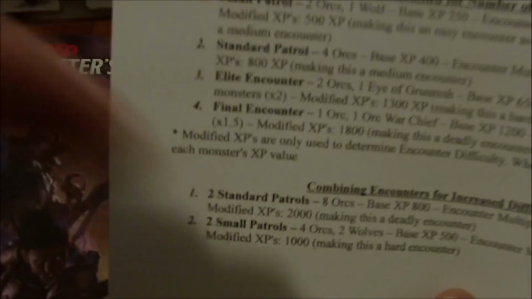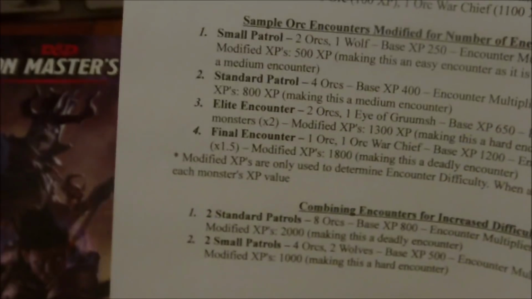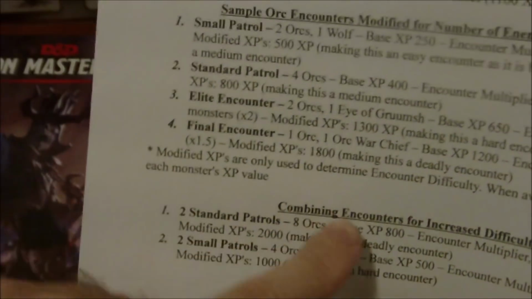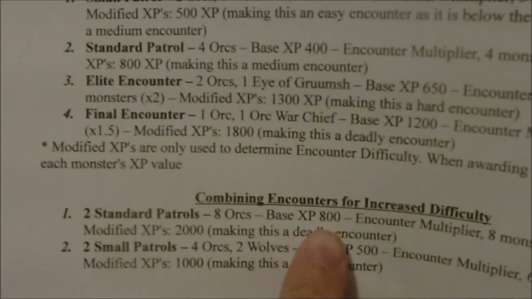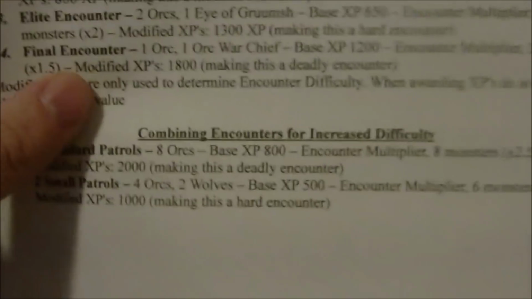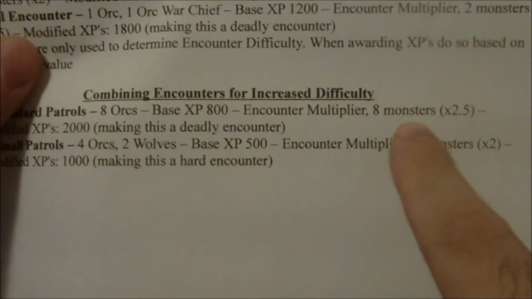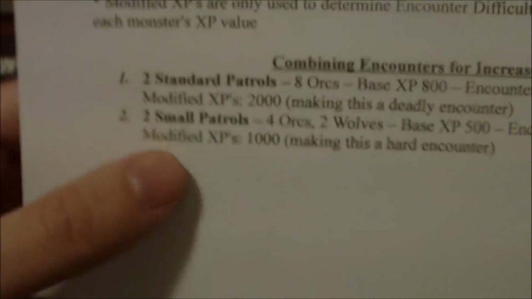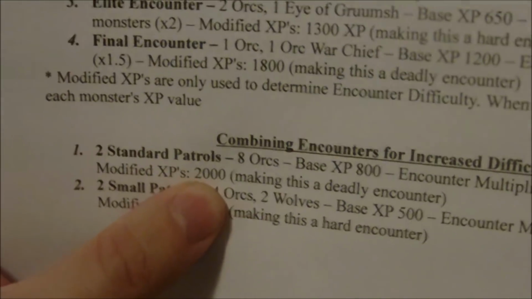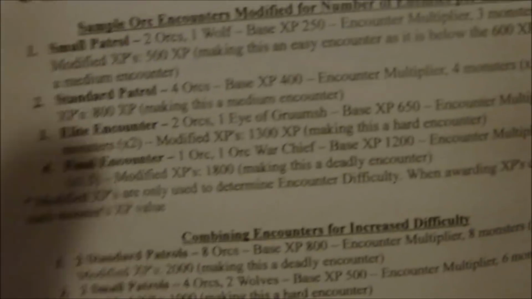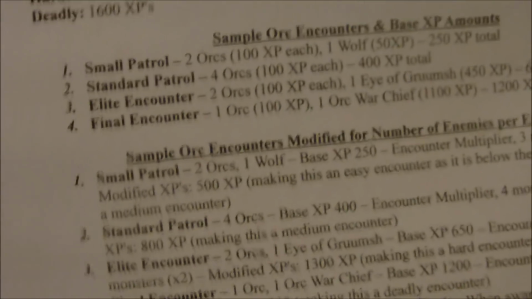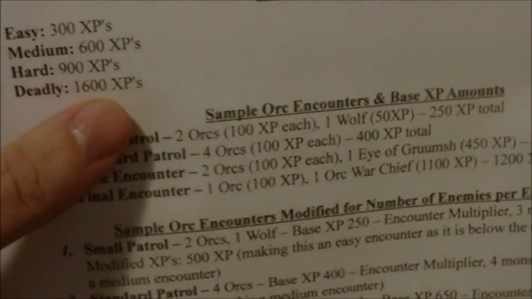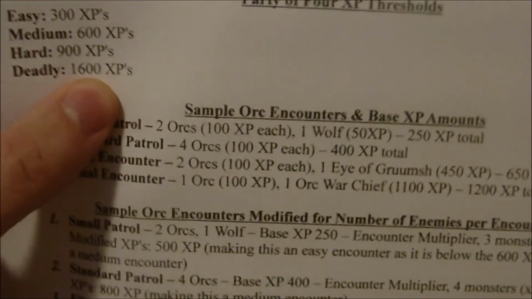So that would be 8 orcs total, because each standard patrol consists of 4 orcs. That gives us a base experience point value of 800. The encounter multiplier is for 8 monsters, so that's times 2.5. So the 800 times 2.5 gives us 2,000, which makes a party of 4 third-level characters going up against 8 orcs potentially deadly, because the modified experience points are over the 1600.